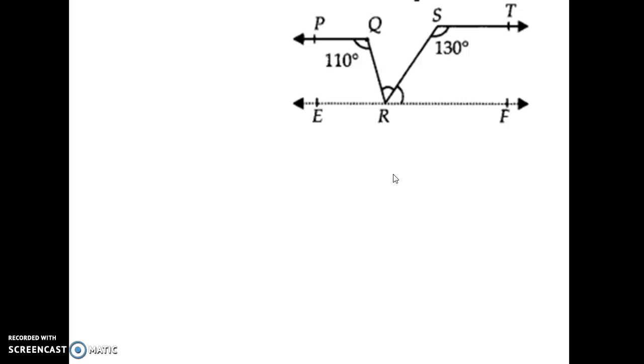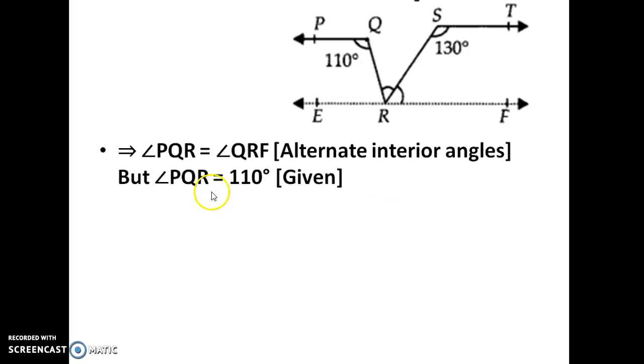Okay. So angle PQR, this angle, and this whole angle, these two are alternate interior angles. So which angle means this full angle, PRF.